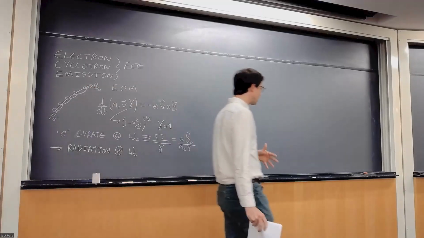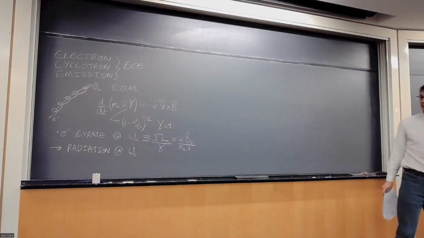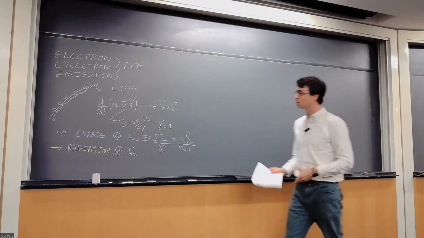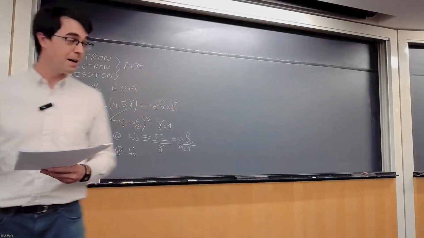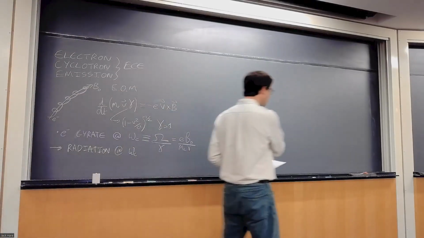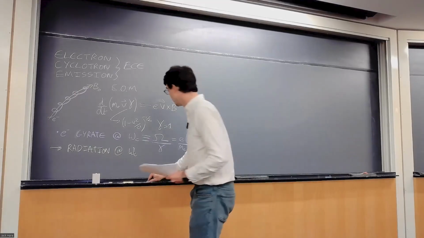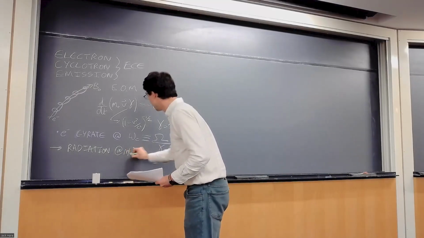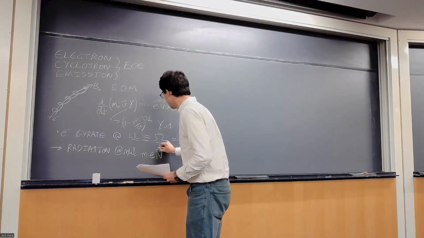But the thing I've been struggling to find an intuitive explanation for, I went to talk to Dr. Benoli about this just before this class, is that we don't just get radiation at this frequency. When you go into the mathematics of it, you find out that you get radiation at integer multiples of that, at harmonics of that. So we also have this factor of m here, where m is some natural number.